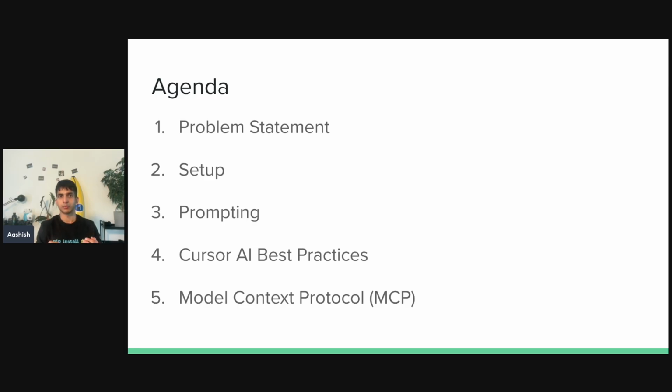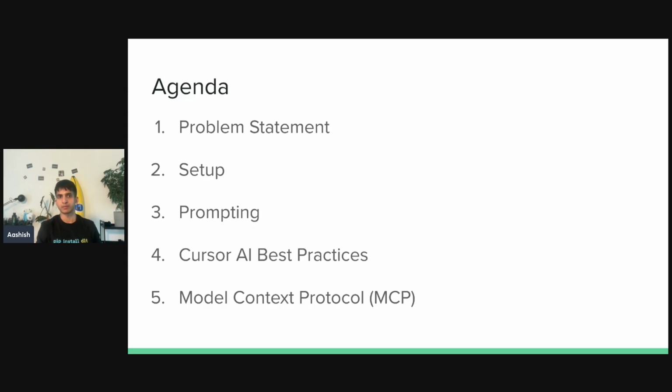Firstly, of course, we're going to be demoing DLT and Cursor AI by solving a real problem. So for this, we'll start by going over the problem statement. Then we'll work on setup, preparing our Cursor AI agent to write code for us. Next will be the actual prompting, in which we work on the actual code generation, the debugging, and those steps.